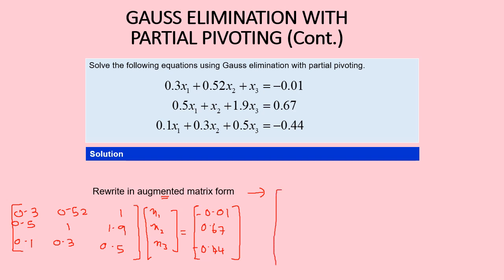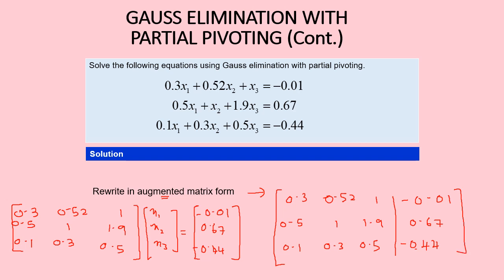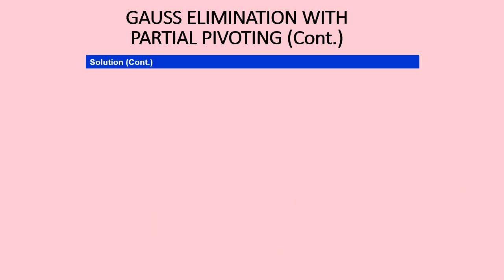So we combine, so we have 0.3, negative 0.52 and 1, 0.5, 1, 1.9, 0.1, 0.3, 0.5, combined with matrix B, we have minus 0.01, 0.67, and minus 0.44. So this is our matrix.